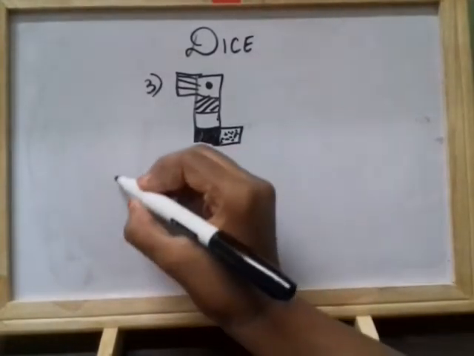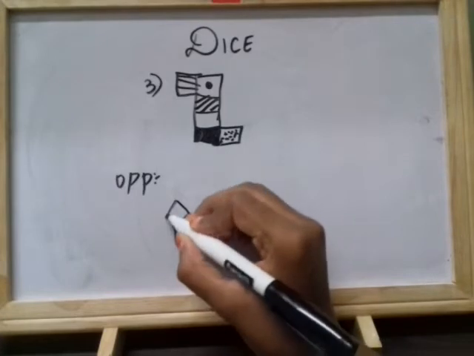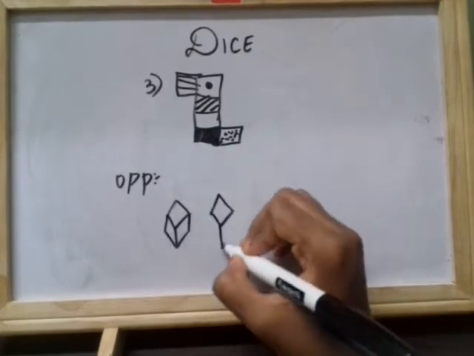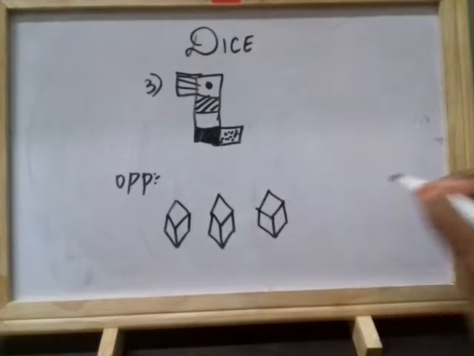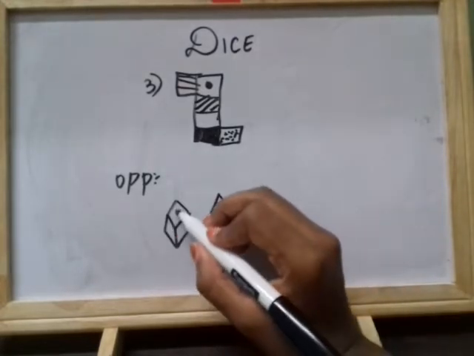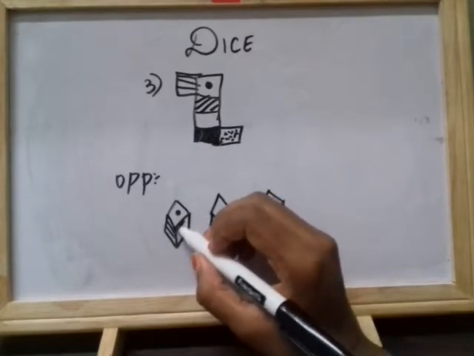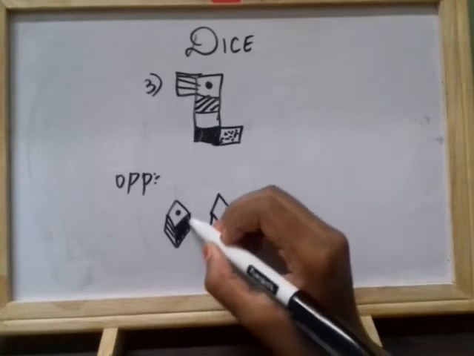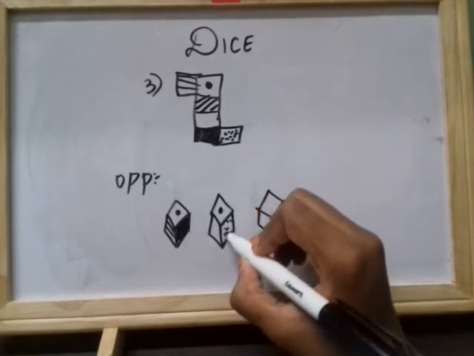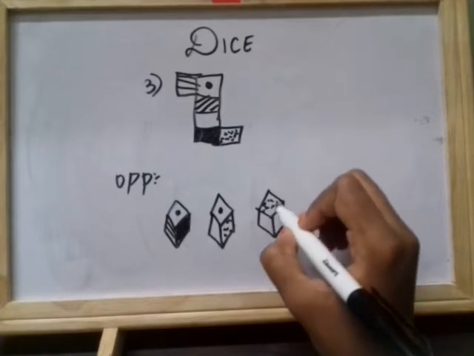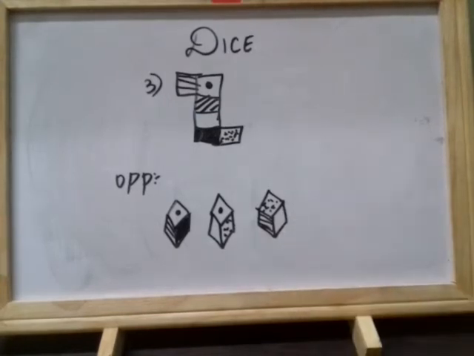So this is the model, and let us go with the options. So these are the three options.